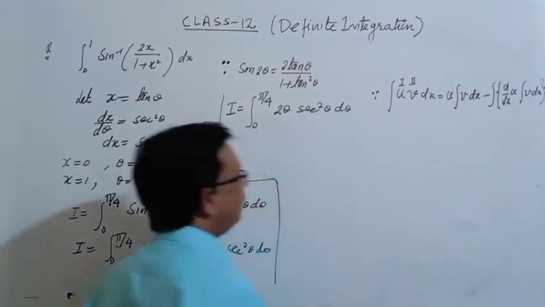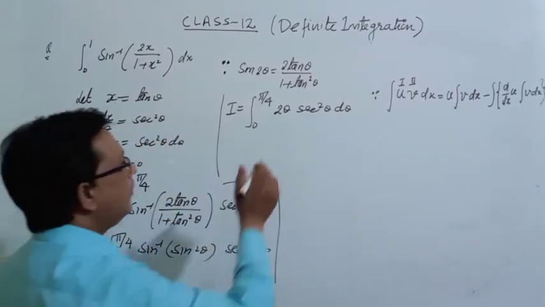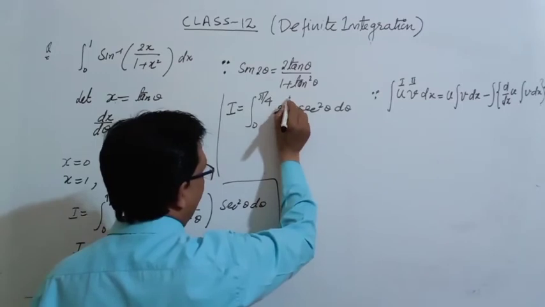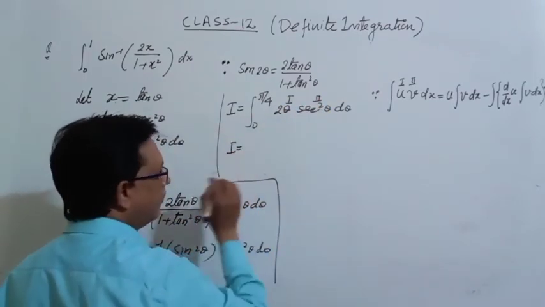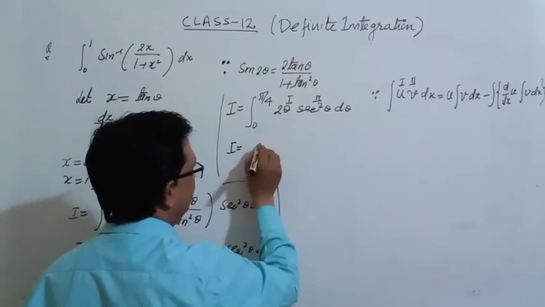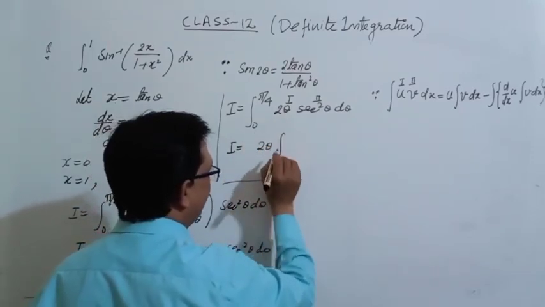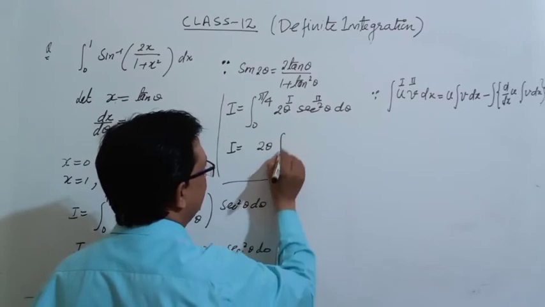This is a rule of substitution. Here we take this as your first function and this as your second function. So what we do here, we write the first function as it is and the integration of the second function.